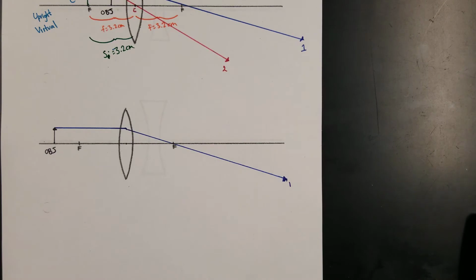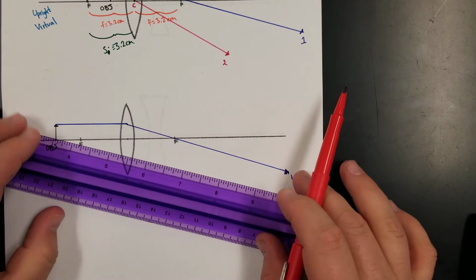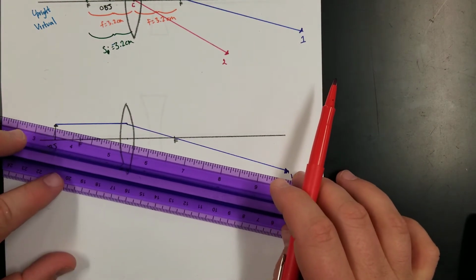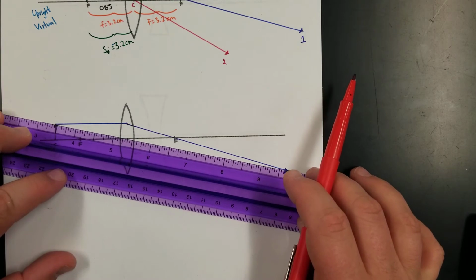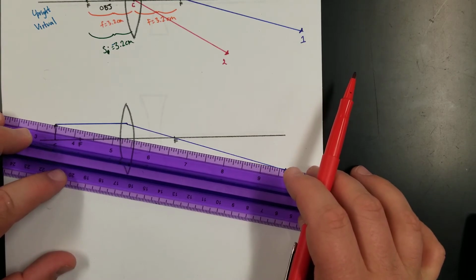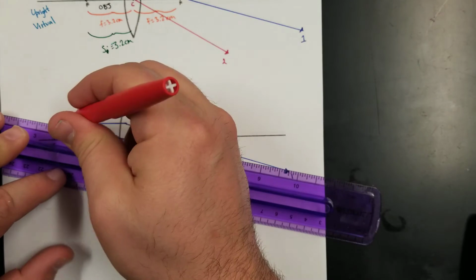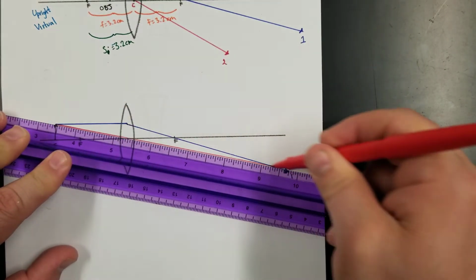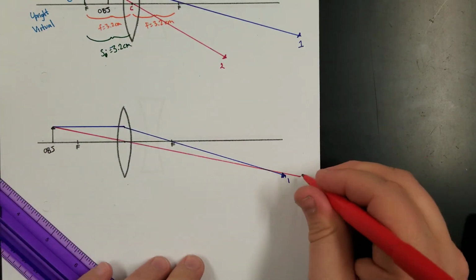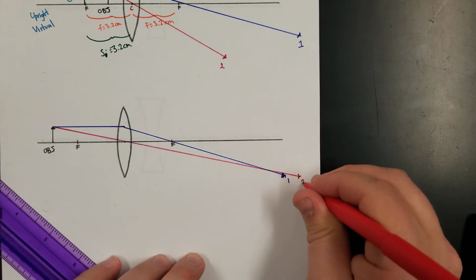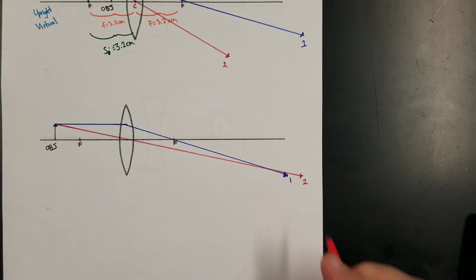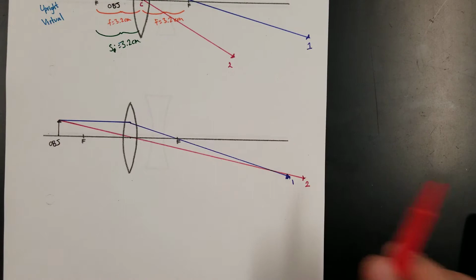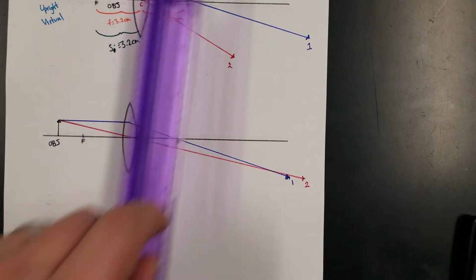Call that ray number 1 if you like. Ray number 2 starts at the top, and it's just going to go through the center, kind of like that. And what you'll notice, if you drew those carefully, is that they should cross over here. So that's where our image is located.